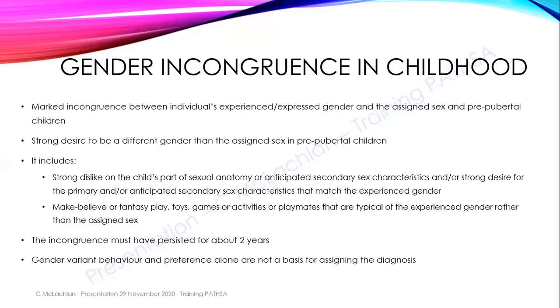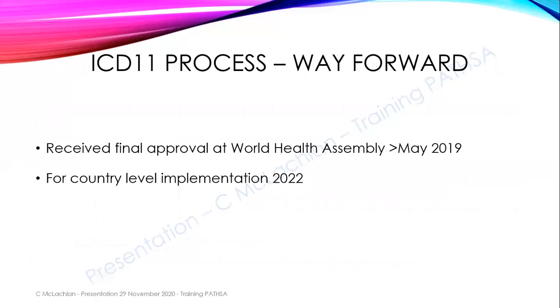They say it must have persisted for about 2 years, and gender variant behavior and preference alone are not a basis for assigning the diagnosis. But a lot of us working in this field are very careful to assign this ICD diagnosis at all. So what is the way forward?